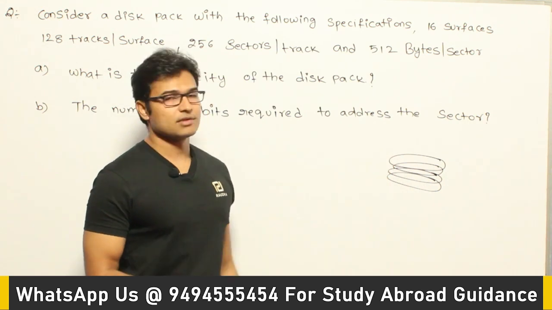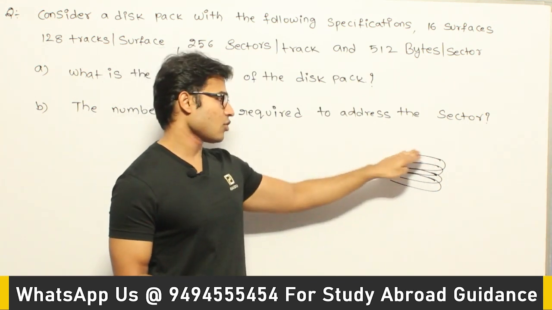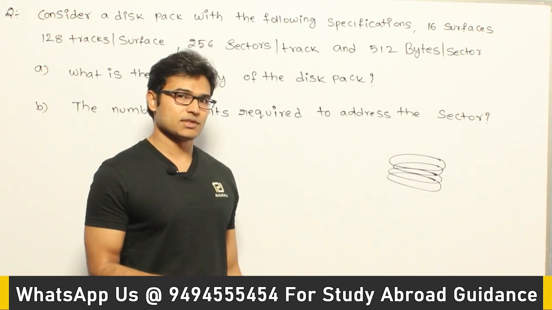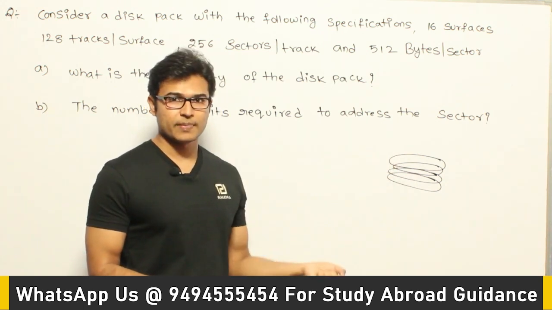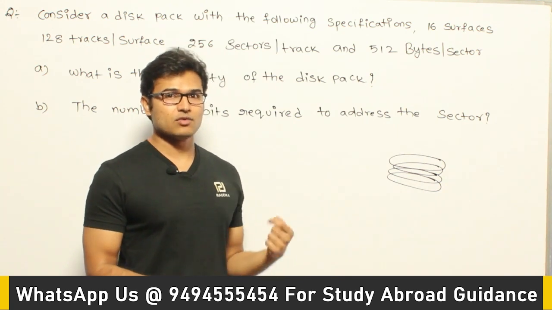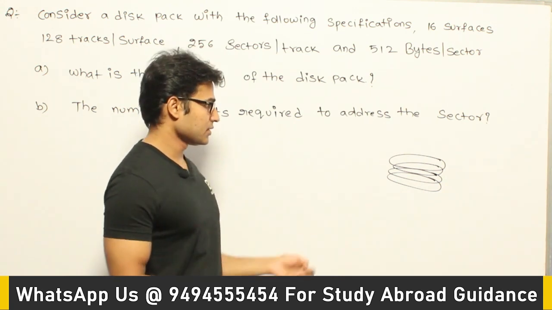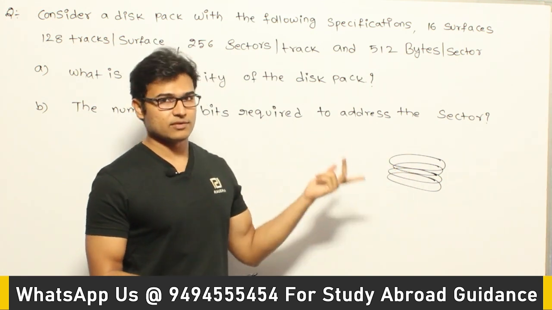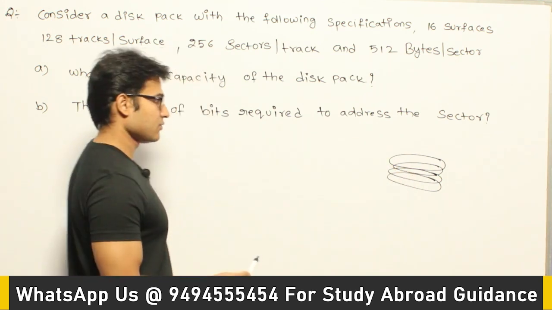In case you are not going to use the top one and bottom one, if you just leave out those 2 surfaces, then you might have to add one more disk in order to get 2 more surfaces. Whatever it is, each disk might give you 2 surfaces. That is how you are going to get these many surfaces, right?